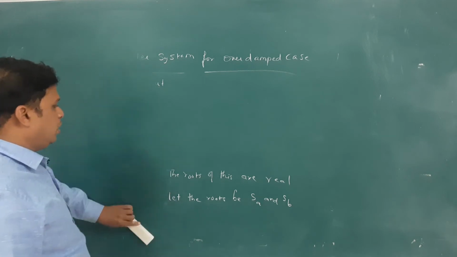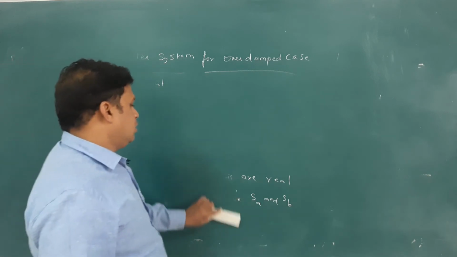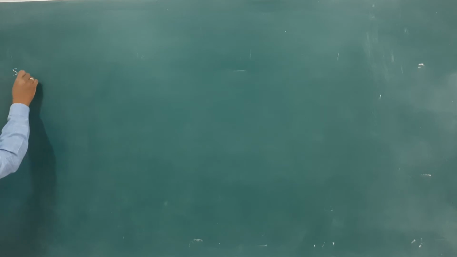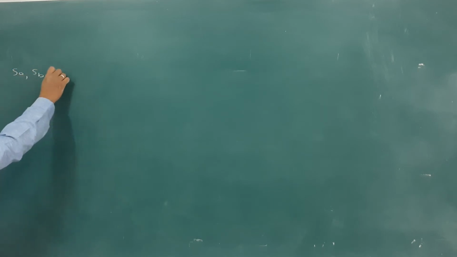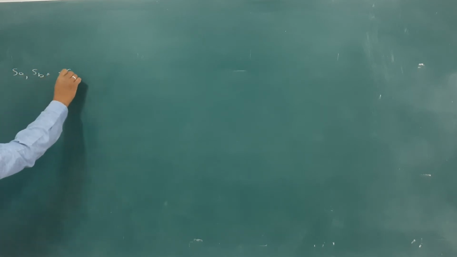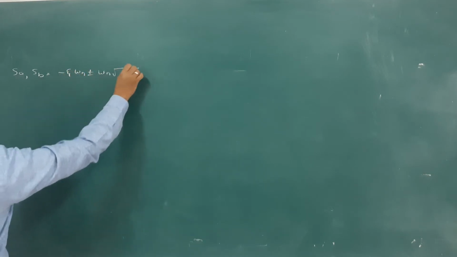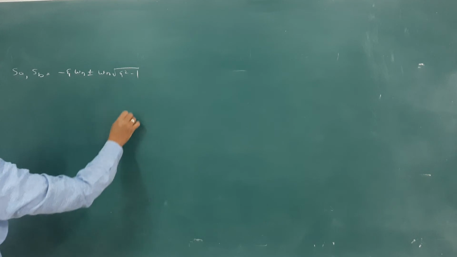As we know, for the over damped case the roots we have already written, so you can verify that. SA comma SB is equal to minus zeta omega n plus or minus omega n into square root of zeta square minus 1.